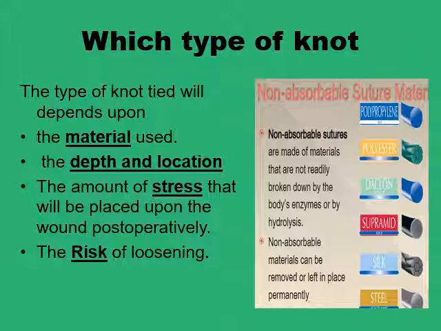The type of knot will also depend on the depth of the wound and its location, the expected stress on the suture line and the knot, and of course the risk of loosening of the knot, because if you are placing a knot on a named blood vessel, you want to add more security.